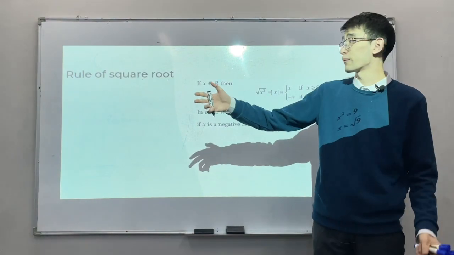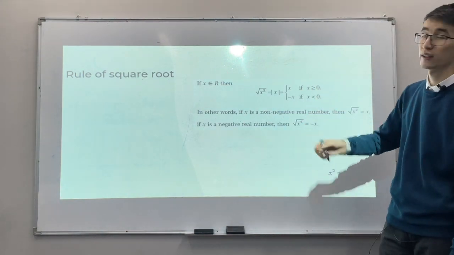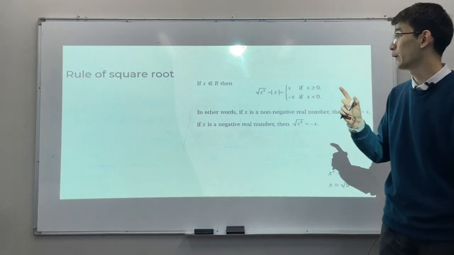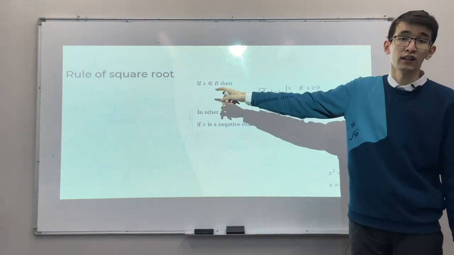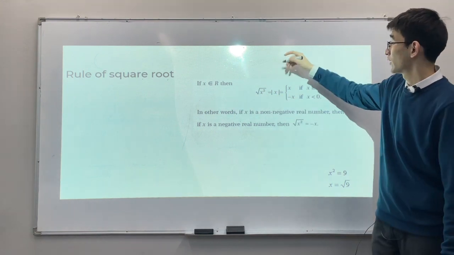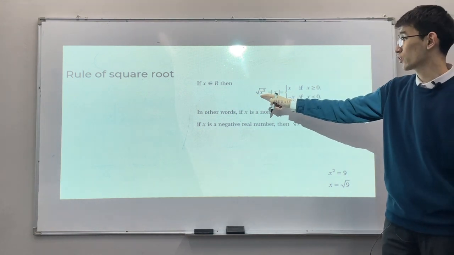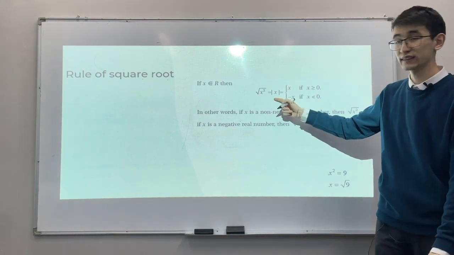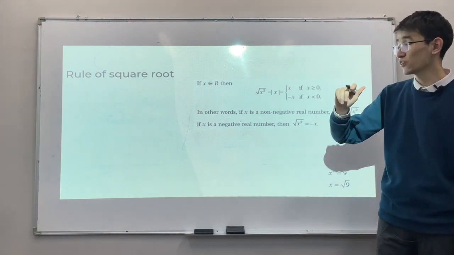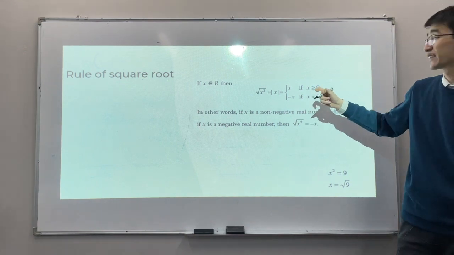So we have some rules of square root. The first and most important rule is that if x is a real number, then the square root of x squared is equal to the modulus of x, in two cases. The first one, if x is greater than 0.